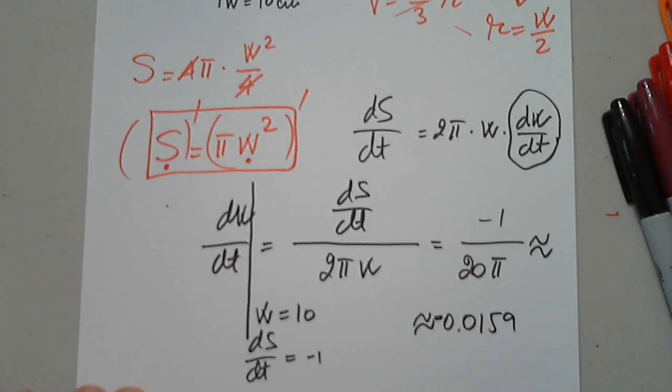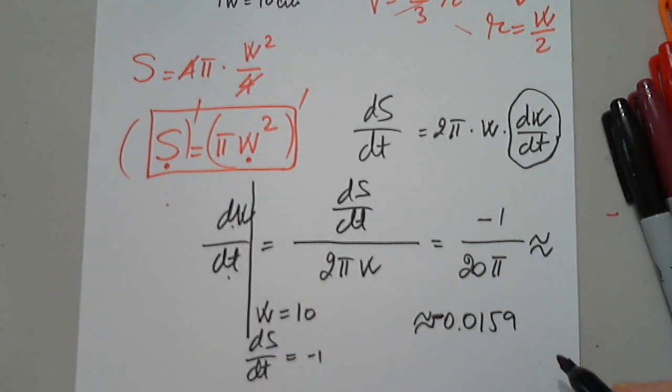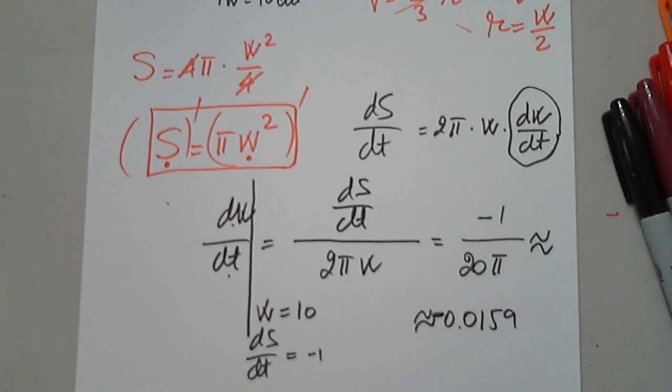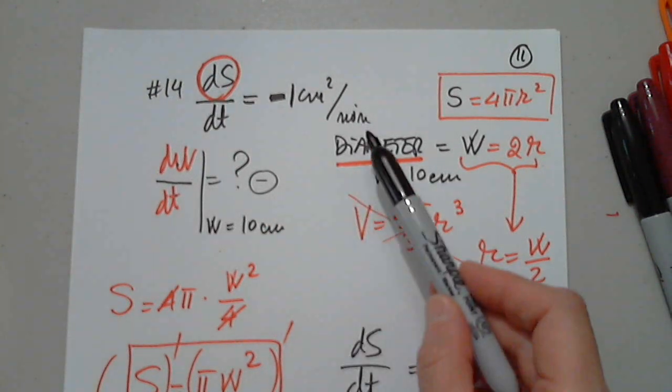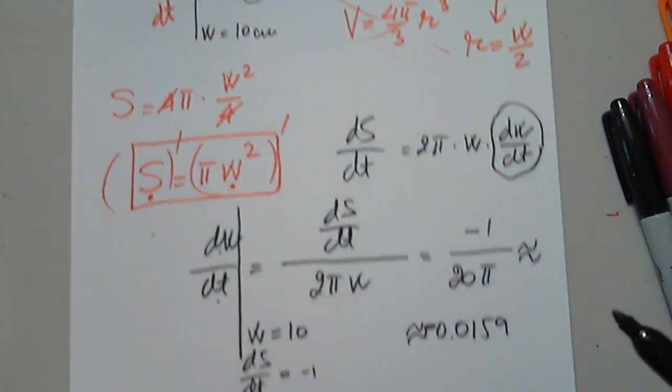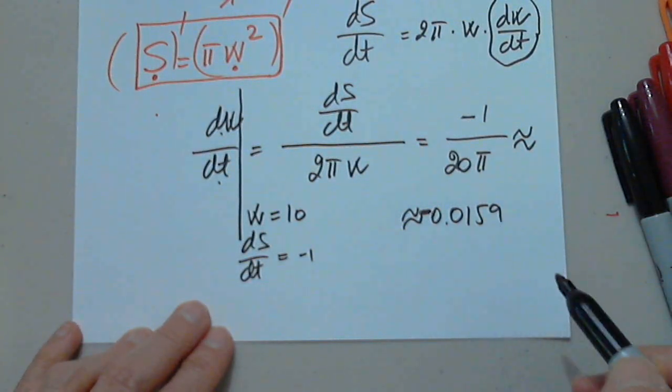Okay, so minus, of course, it's negative. Measurement unit, this over this. W is measured in centimeters and time is measured in minutes. So what is the measurement unit for -0.0159?